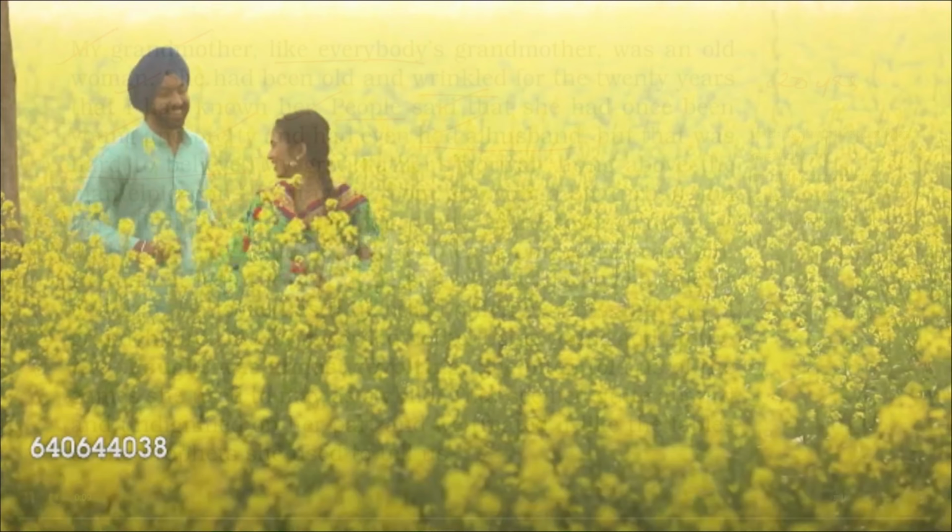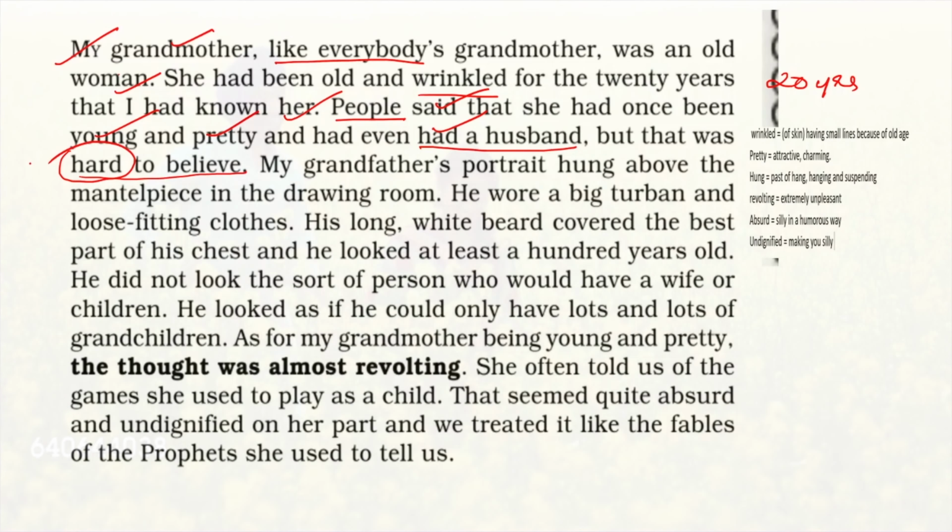But that was hard to believe. Hard here means difficult to believe. It was a difficult thing for Khushwant Singh to believe that this woman had a husband.